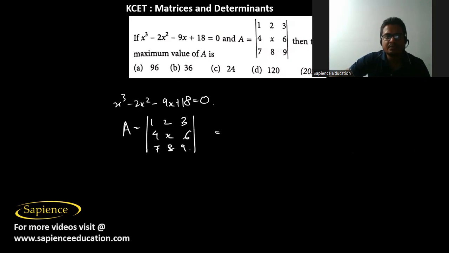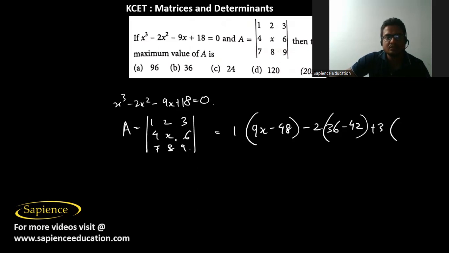If we expand the determinant along the first row, then we get 1 into (9x minus 48), then minus 2 into (36 minus 42), and plus 3 into (32 minus 7x).